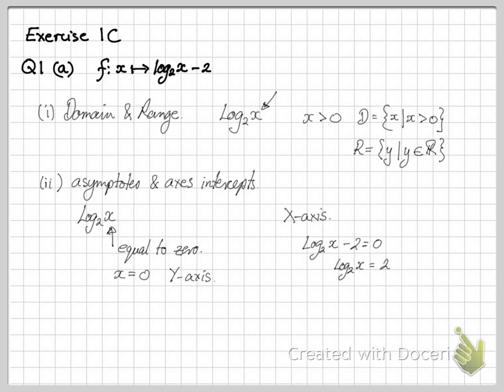And I'll do the full anti-log bit here. We go 2 to the log base 2 x is equal to 2 to the 2. Now the left hand side gives us just the answer x, and the right hand side gives us the answer 4. So it crosses the x-axis at 4, 0.